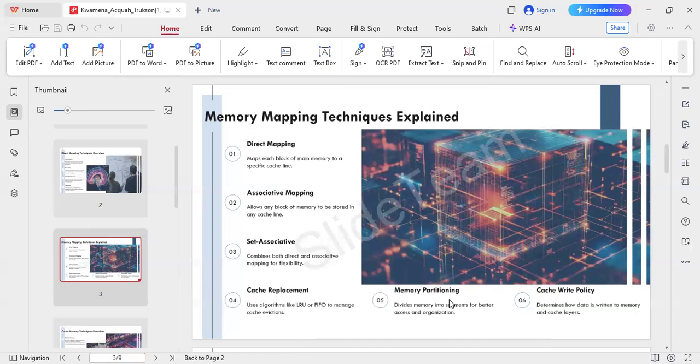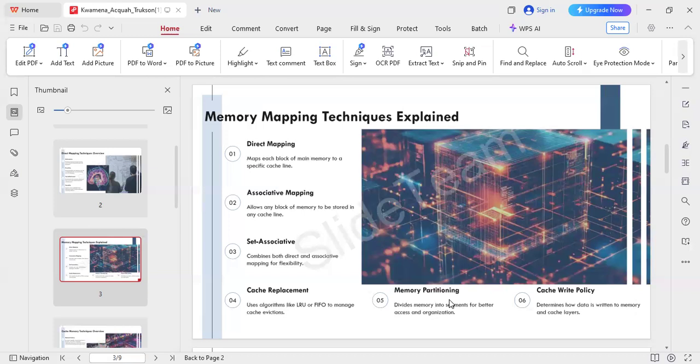With partitioning, it involves dividing memory into segments or partitions. So from the word partition, being divided into segments. It also aims to optimize memory usage and access efficiency.